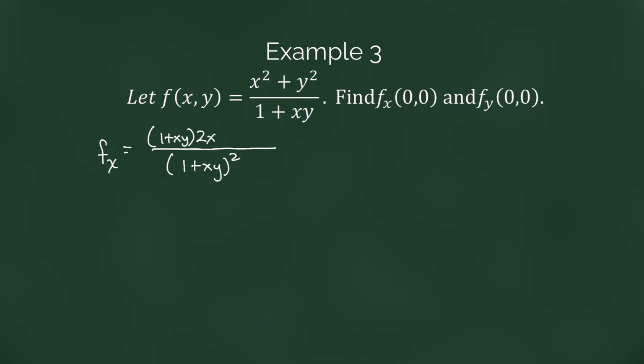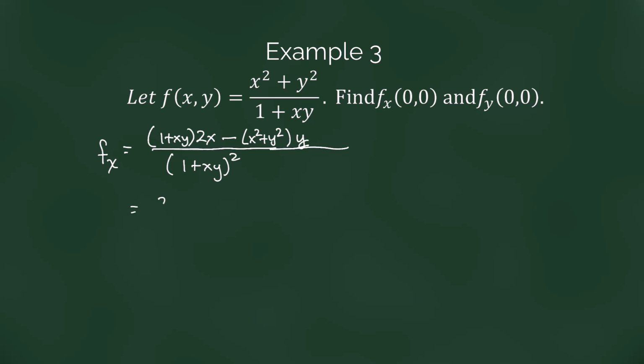So that's going to be 2x. The y squared term goes away because we're treating y as a constant. And then we're going to subtract the top times the derivative of the bottom with respect to x, which is just y.